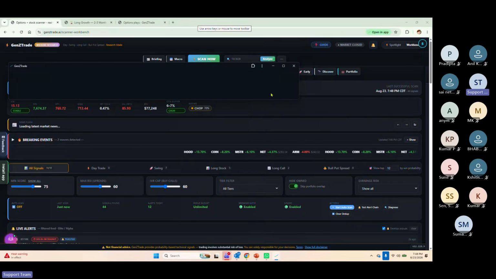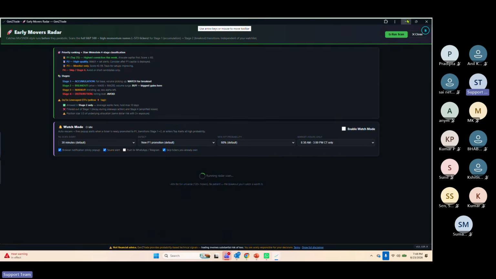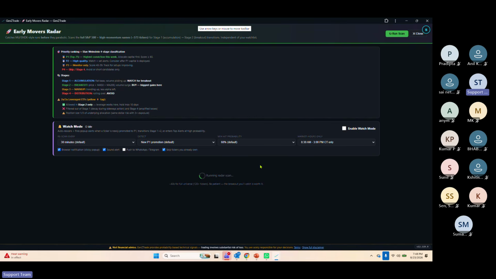Picking something with $100 billion above, run scan, let this come up, right? And you go to early, like all the early movers, right? Like for example, Moderna, they're pretty strong, right? And they're also here, right? Everywhere there's an option for you to click on the track, and you can maintain your journal.